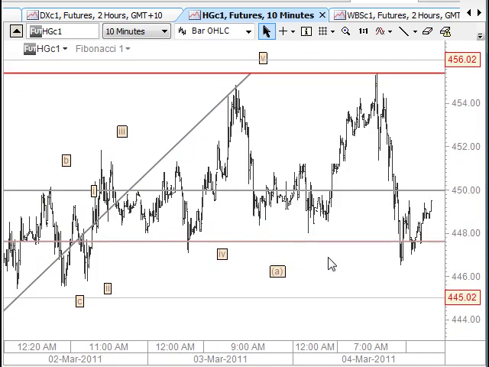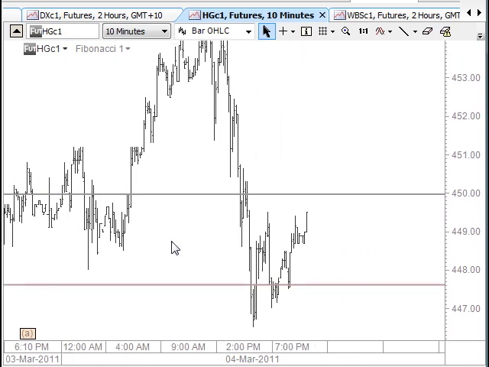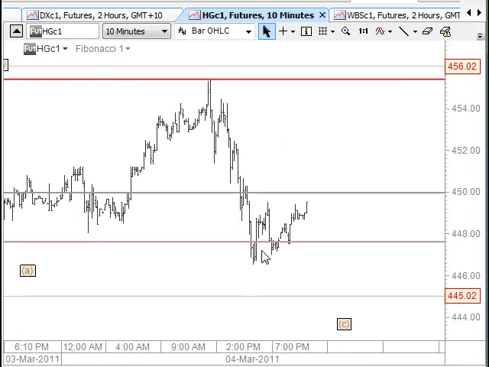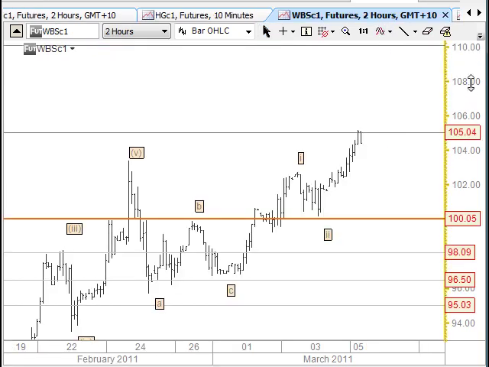Let's observe how this settles into here as support or resistance at the 450. This will keep the material sector, base metals steady, and this is what we basically want, to keep our market steady. It's the same with crude as well.